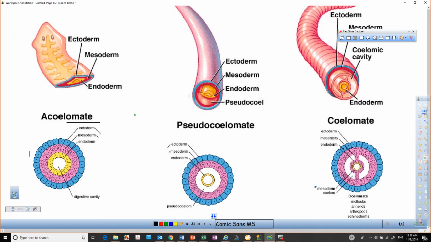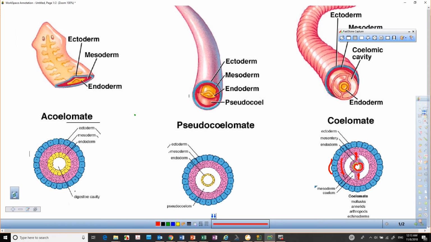And then we get to the highest evolutionary concept of body cavity, which is a true body cavity. So taking a look at this, you can see that we have the outer layer here, we have the middle layer, and then we have the inner layer. But notice the inner layer here is surrounded by tissue and is held in place by this thing right here.